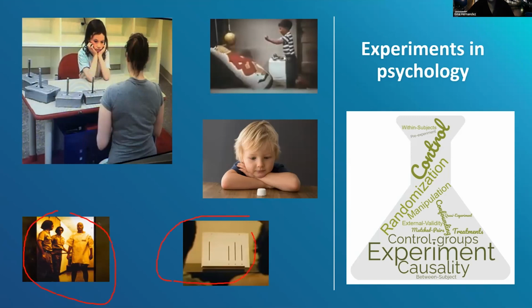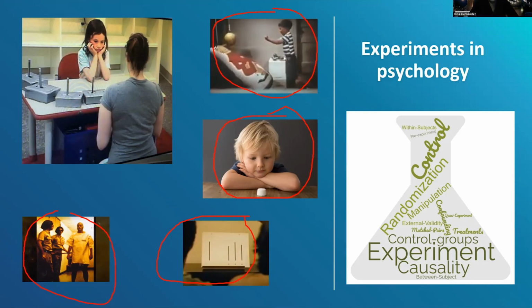We also have the Asch conformity study, for example, and the marshmallow test from Mischel. I don't know if you are aware of these experiments, if you have seen them before. They're really, really famous, especially within social psychology.